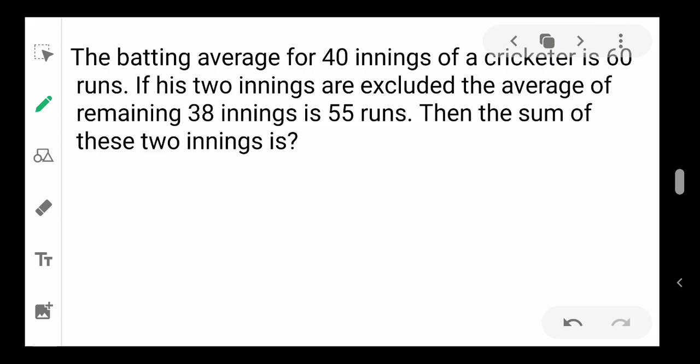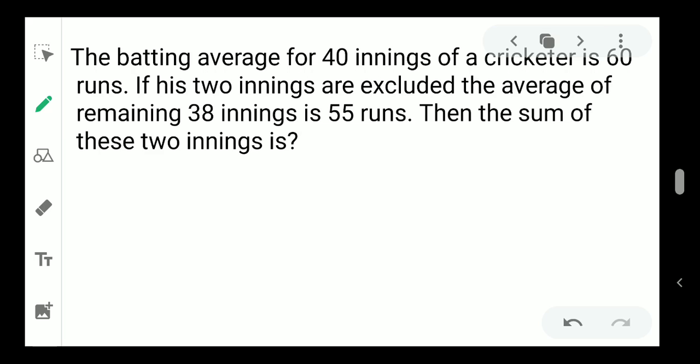Moving to this one. The batting average for 10 innings of a cricketer is 60 runs. If his 2 innings are excluded, the average of remaining 38 innings is 55 runs.